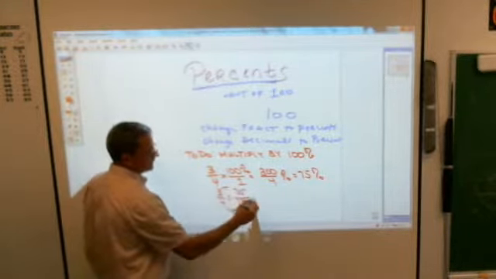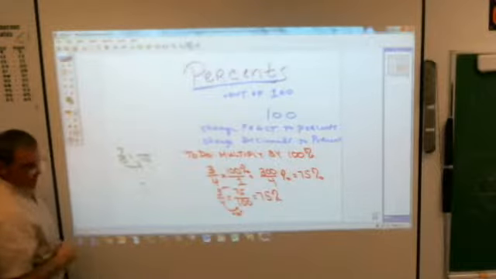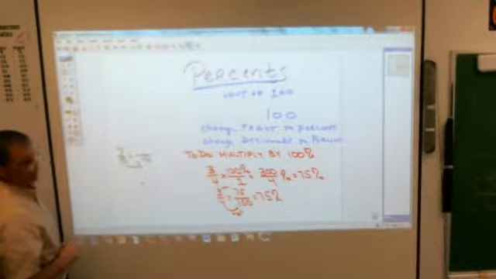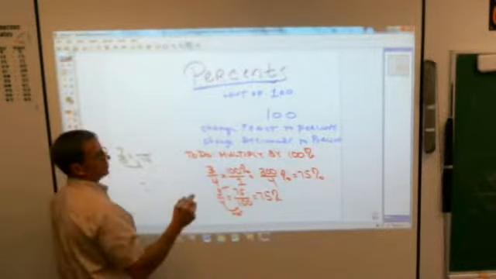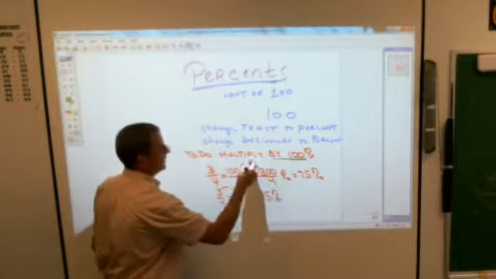And that's all well and good, but sometimes there are fractions that it doesn't work nicely for. For example, let's go to a stunning color here. For example, 7/8. If you tried to do that with 7/8, you'd have to say, well, 8 times what number gives me 100? It doesn't work out too terribly well. So when that happens, you go back to the surefire method, which is this way.